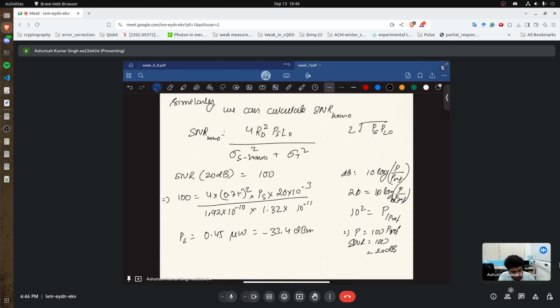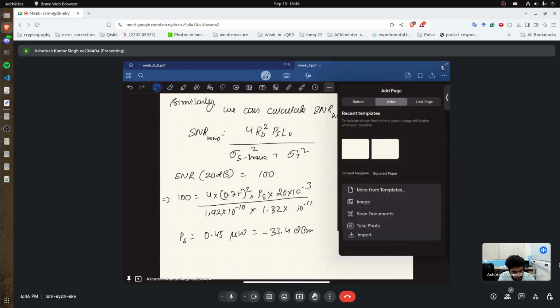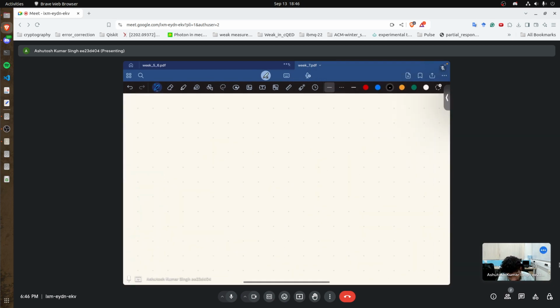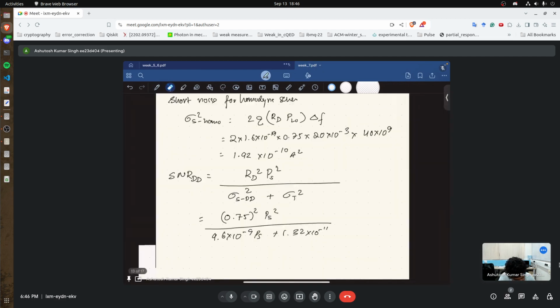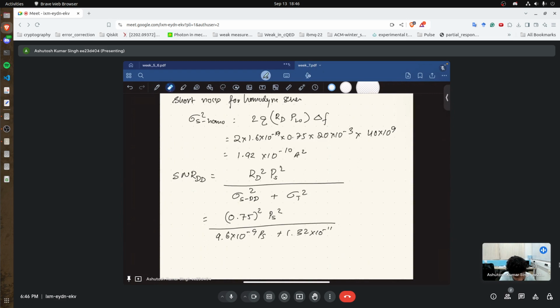We have calculated the SNR for homodyne assuming it to be 100, but for the sake of completion, let's also calculate it for the direct detection scheme. Let's do a comparison here, and say I want 20 dB SNR here as well.